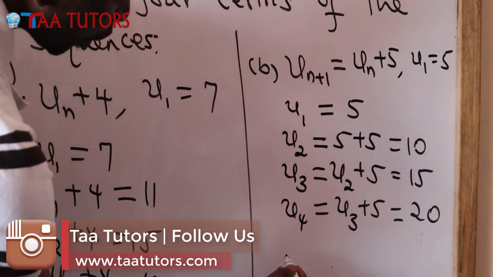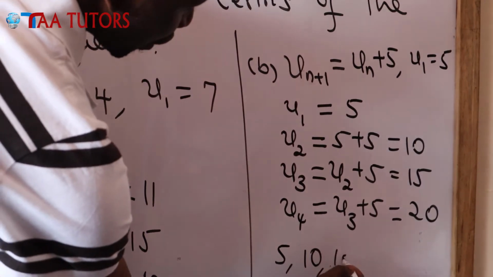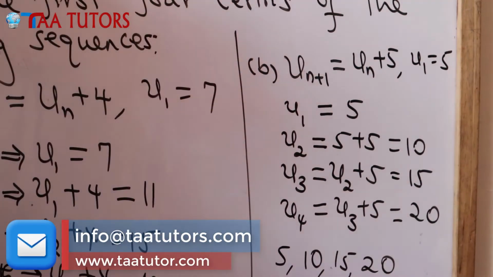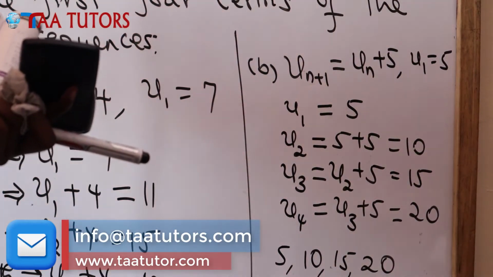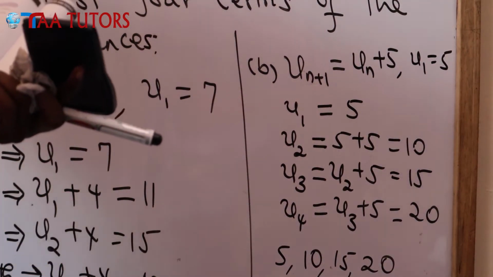So the first 4 terms are 5, 10, 15, and 20. So viewers, we realize that getting these particular terms is actually very, very simple.